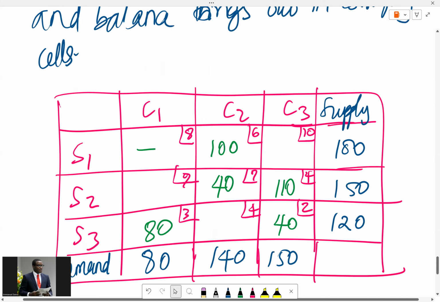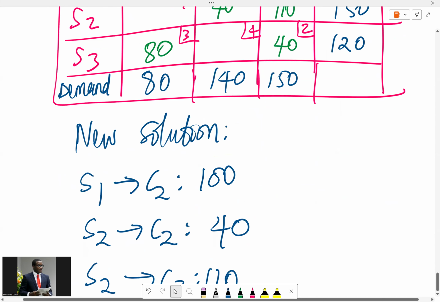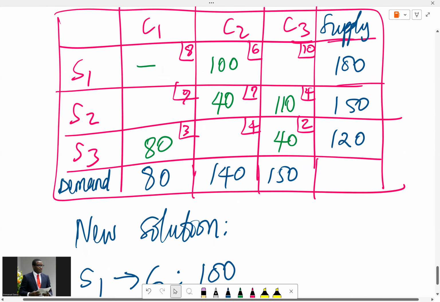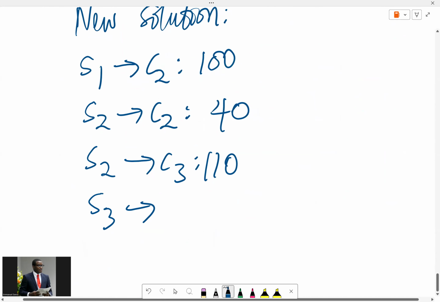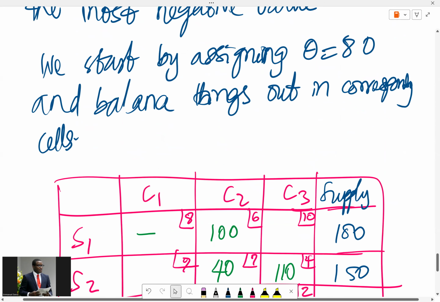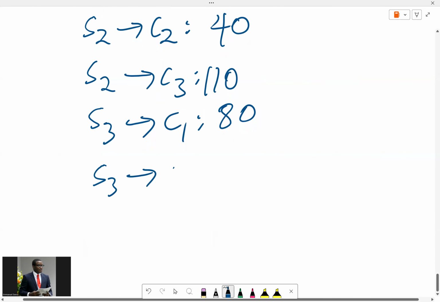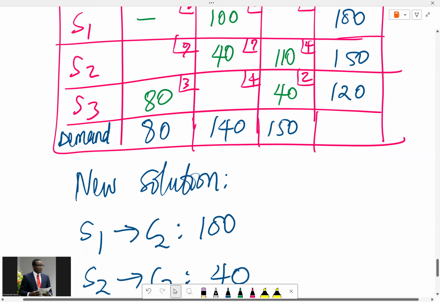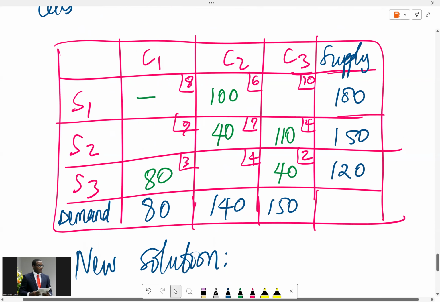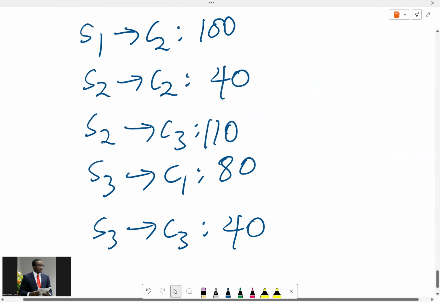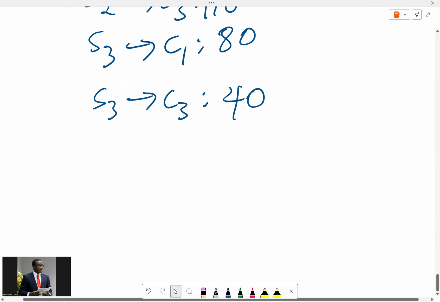Then you have S3 to C1 is 80. And finally, S3 to C3 is now 40. So that's our new solution: 140, 110, 80, 40. And what is now the total cost in this case?